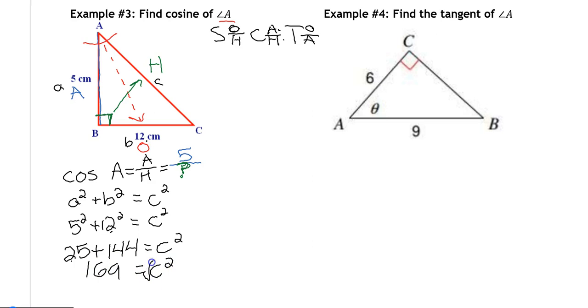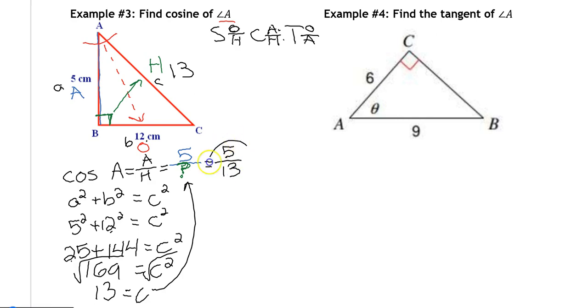And then, again, just take the square root. The square root of 169 is 13. And then whatever number I find goes into my question mark. So I have 5 over 13.